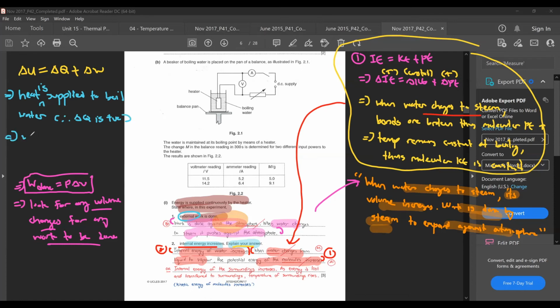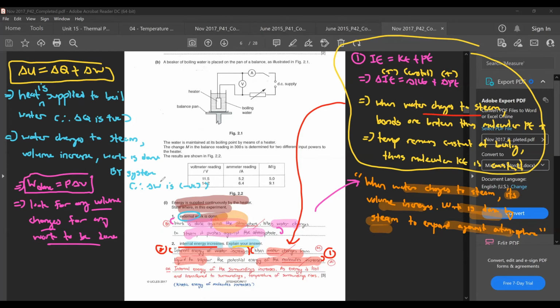Then when water changes to steam, or gas or vapor, the volume increases. So work is done by the system. Therefore, delta W is negative.